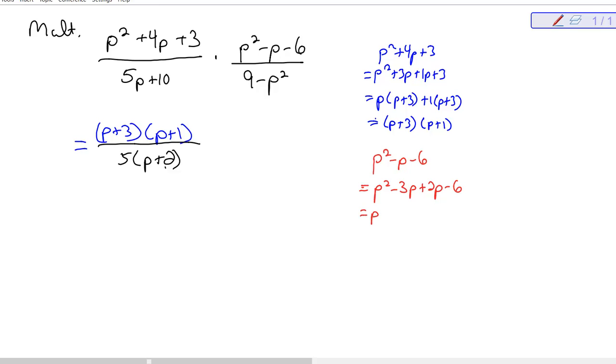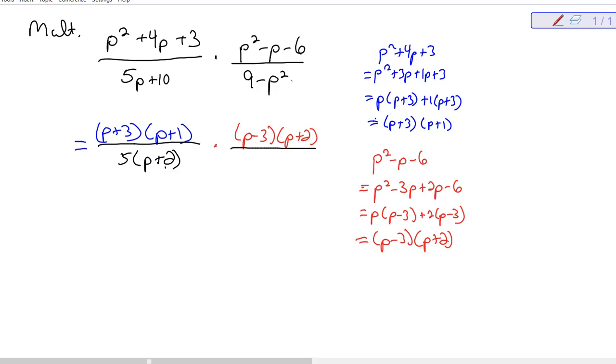So I can factor out a p, that'll leave me with p minus 3. And I can take out a 2, that'll leave me with p minus 3. So that's going to give me p minus 3 times p plus 2.